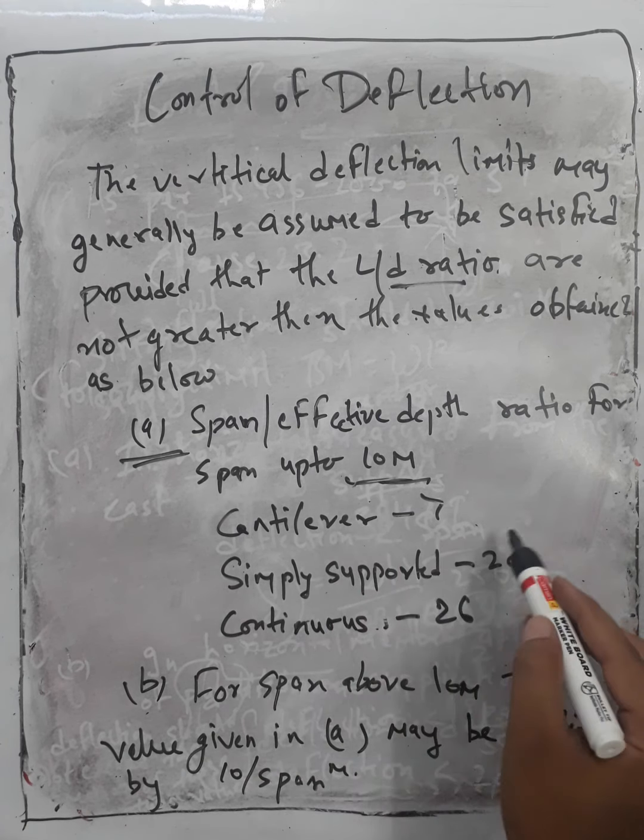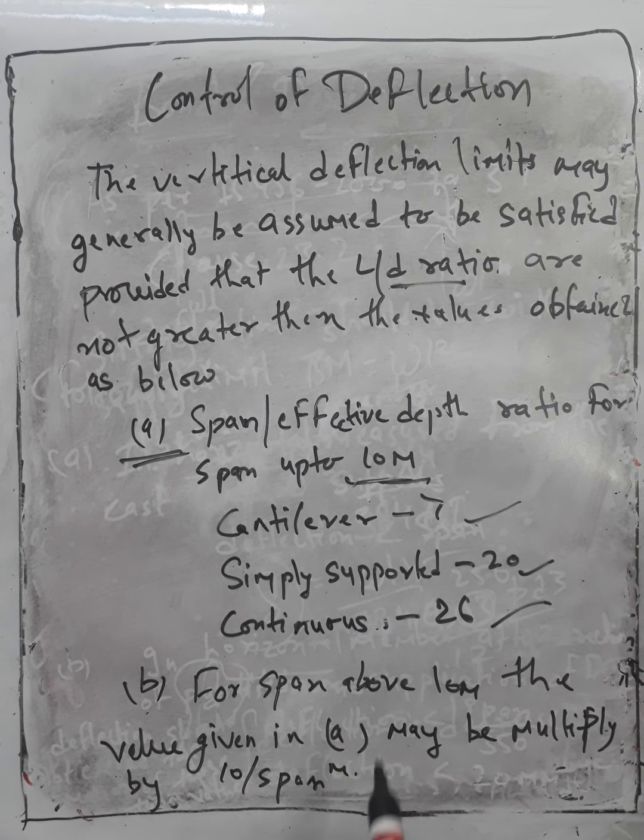Up to 10 meter you have to consider these three values. If your span is above 10 meter, then you have to multiply this value with 10 by span in meter.